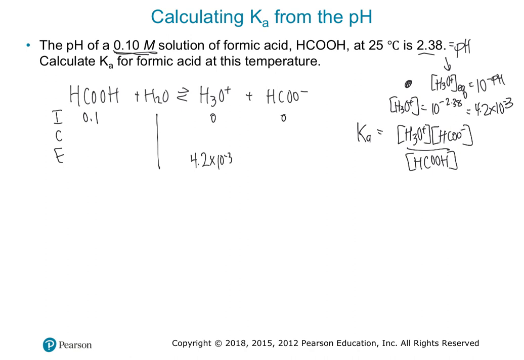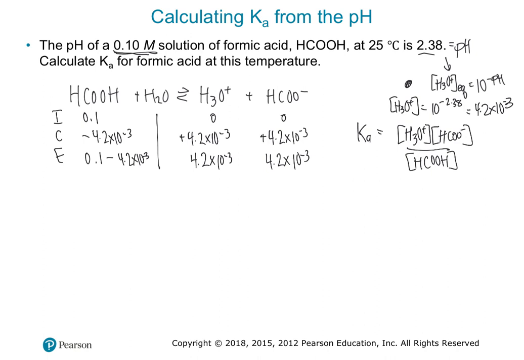And since everything's a 1-to-1 ratio, I know that's how much I increased of hydronium. So I know my change. That's how much I increase for my product and how much I have at equilibrium. And then I can subtract that amount here for my equilibrium amount.